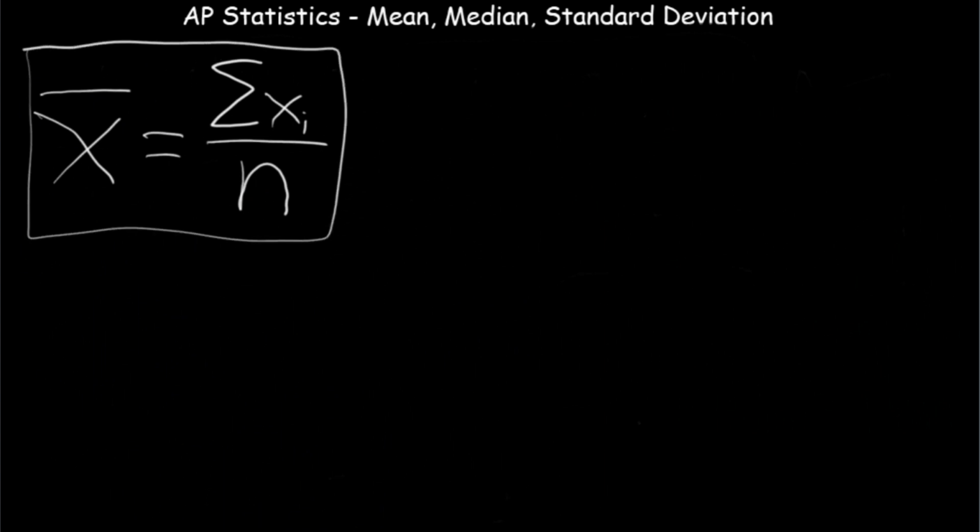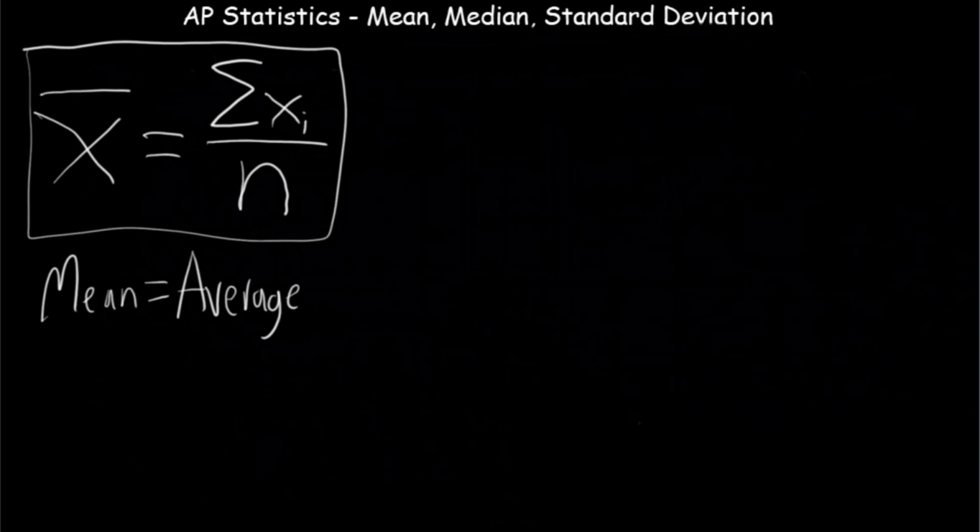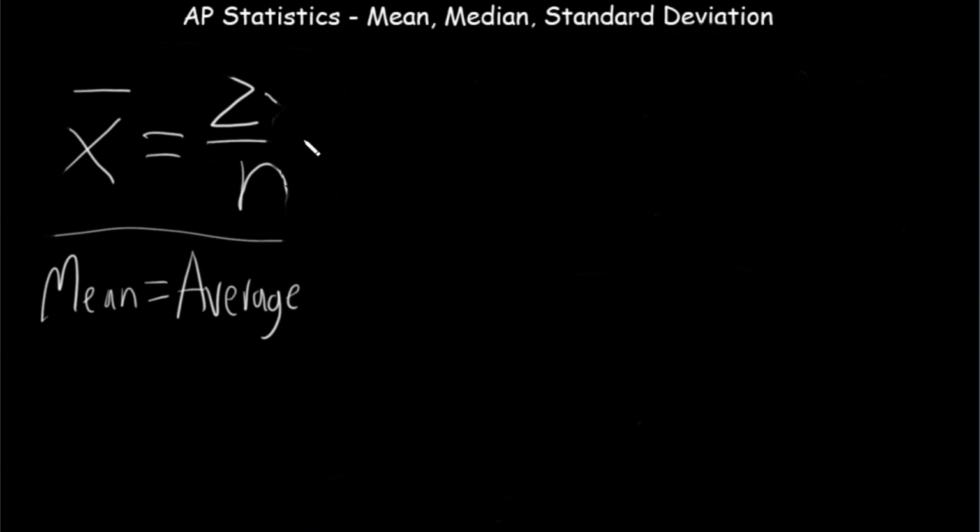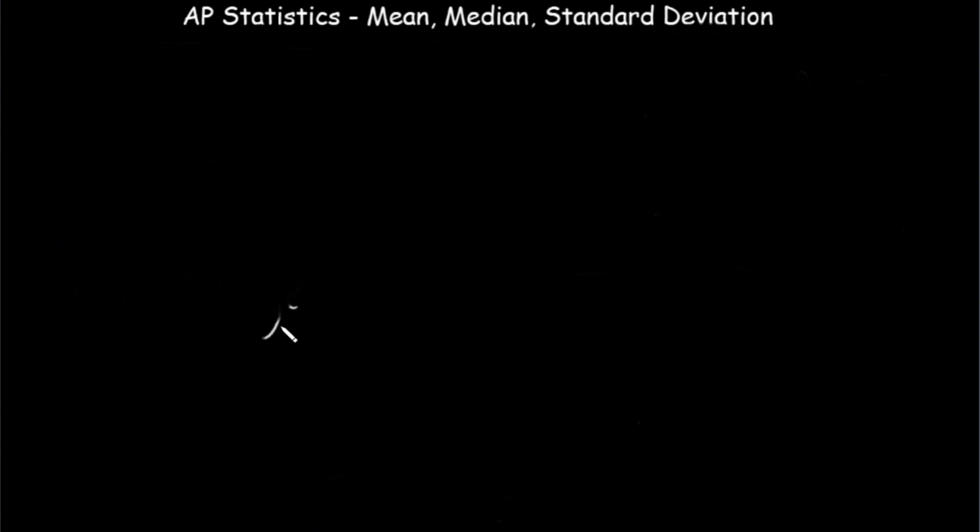And what the mean is, is basically the average number in the data. So it's like the average height is 5'9", the average yada yada. That's basically what this is talking about. So let's see exactly how we can use the mean for calculations.